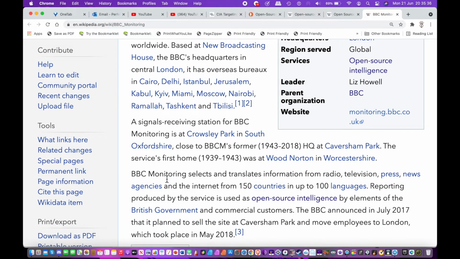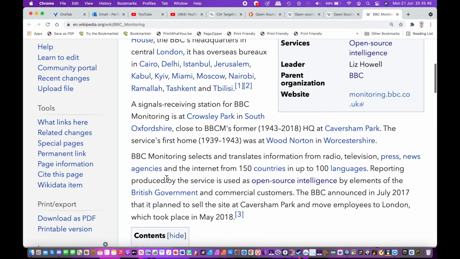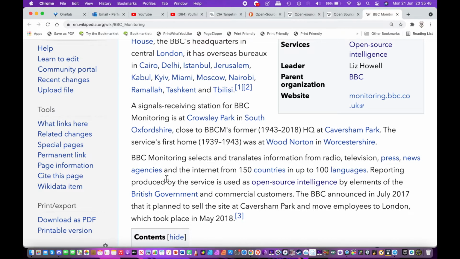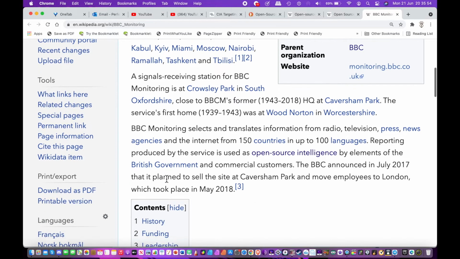A signals receiving station for BBC Monitoring is at Crowsley Park in South Oxfordshire, close to BBCM's former headquarters at Caversham Park. Oh, okay.